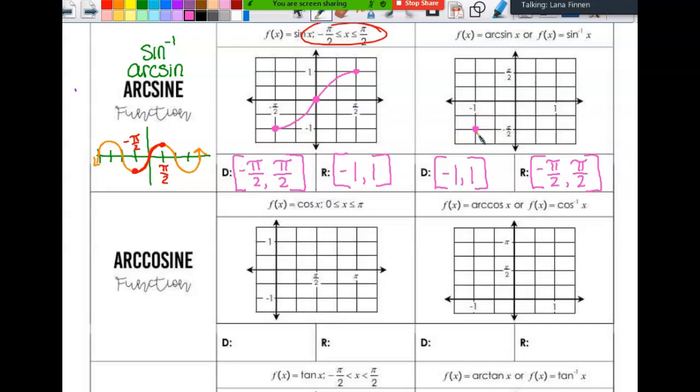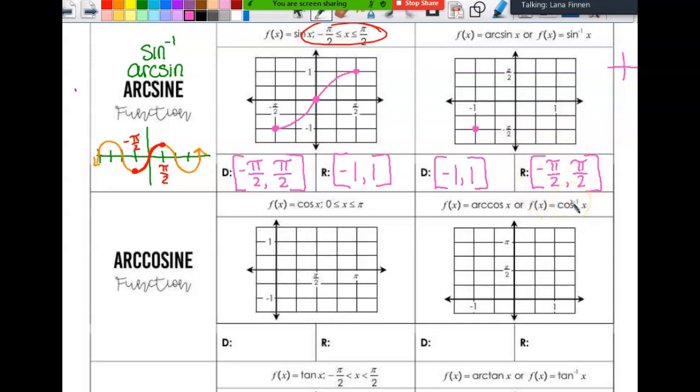And it's fine to think about it that way, but 3 pi-halves on this graph is like over here, and I don't get to graph anything over here. Since on the unit circle this is where sine is -1, I can get there by going -pi-halves, or +3 pi-halves. I get to the exact same spot. The deal is now, all I get to say is -pi-halves because that's what falls in my range.